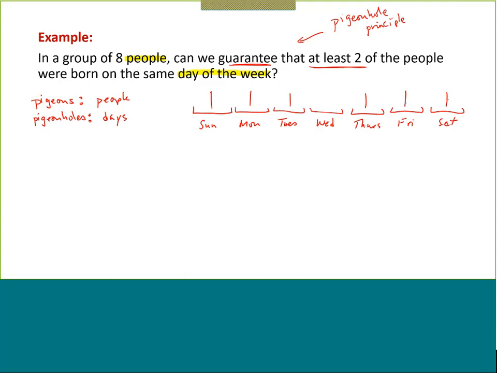And if you're really, really trying to break it, person number 7 that you interview to find out when they were born, when would person number 7 have to be born if this was like a worst case scenario where the pigeonhole principle might break? That person number 7 would have to be born on which day? If the pigeonhole principle might break.